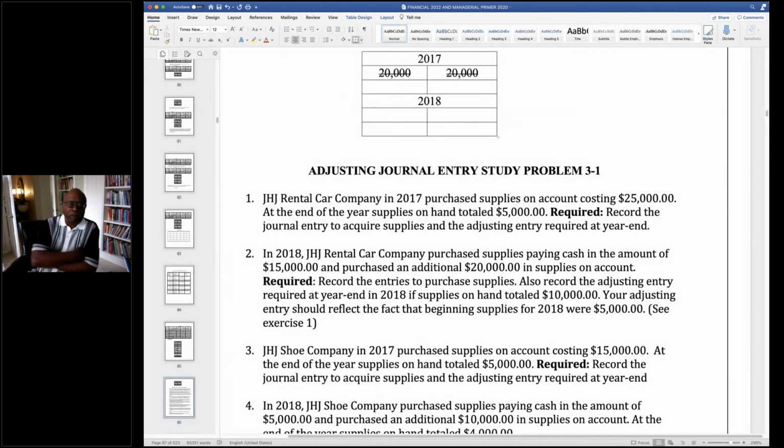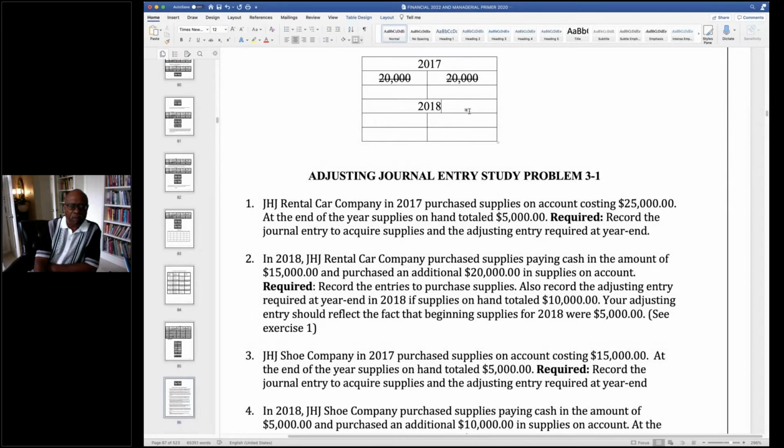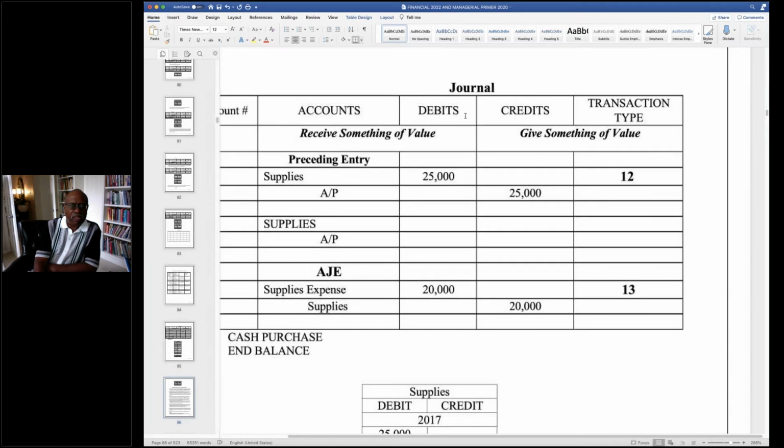Okay, let's go to 2018. What's happening here, Dawkins? In 2018, it says the company purchased supplies paying cash at $15,000. So your first transaction is going to be supplies and cash. I guess we change this to cash. And this was 15,000, I think it said.